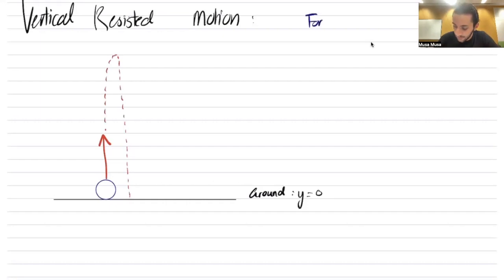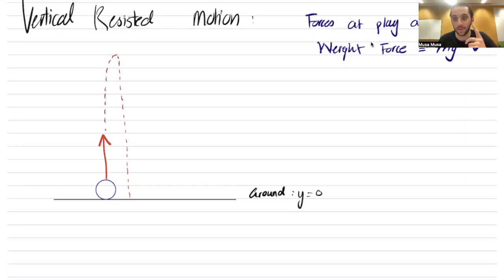So the forces we have: first, we have weight force, which is given by mg. Now, weight force is always acting downwards. Always. Makes sense. Gravity never pulls you up off the ground.